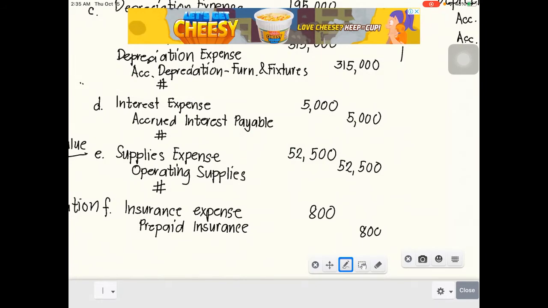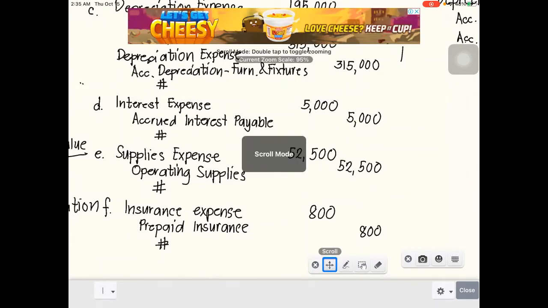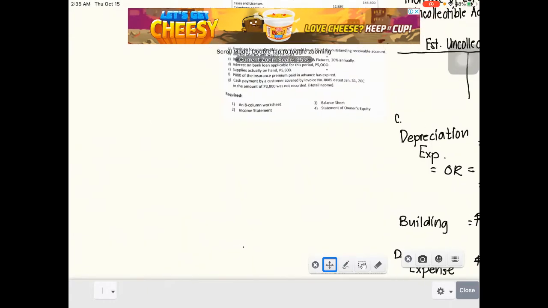So that would be 800. And last adjusting entry, cash payment by a customer covered by invoice 0085 dated January 31, 20C. The amount of 3,800 was not recorded.